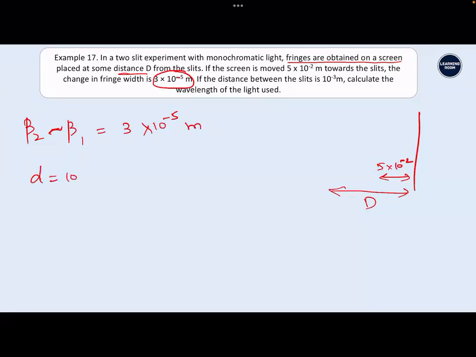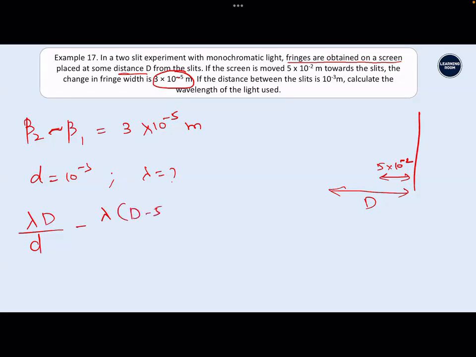If small d is equal to 10 power minus 3, what is lambda? Beta 2 is lambda into capital D divided by small d. Minus, the same wavelength is used, and this time capital D will be D minus 5 into 10 power minus 2 divided by the same small d.